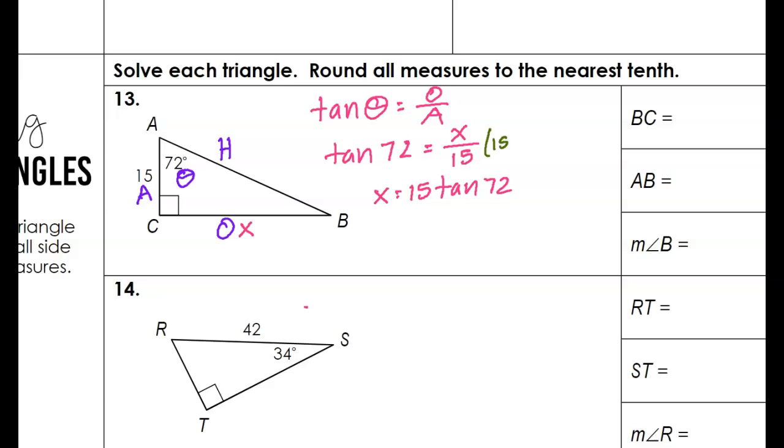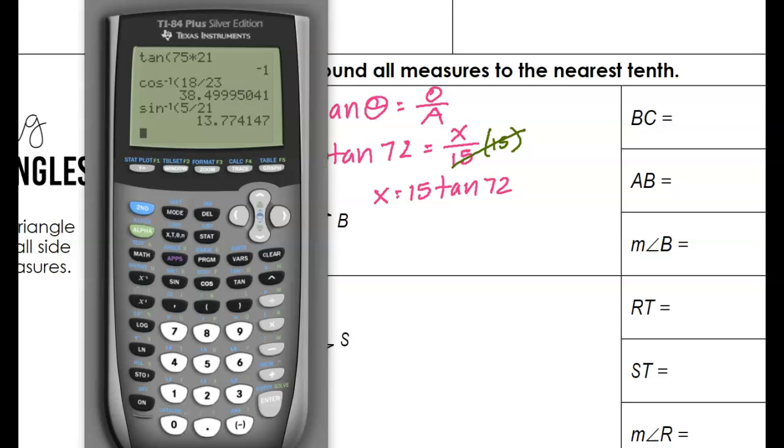We're multiplying both sides by 15 to get x by itself. We pull out our calculator and we do the whole number times the trig function, making sure, once again, that our calculator is in degree mode, which it is.